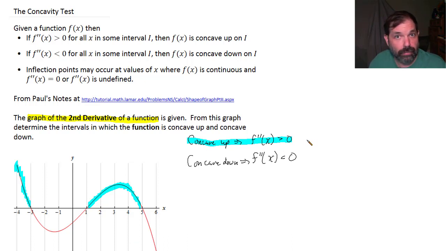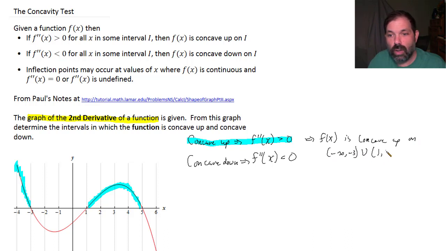This is the graph of the second derivative of the function. It's positive on those intervals I just highlighted in blue, which means that f of x is concave up on the intervals negative infinity to negative 3, and 1 to 5.